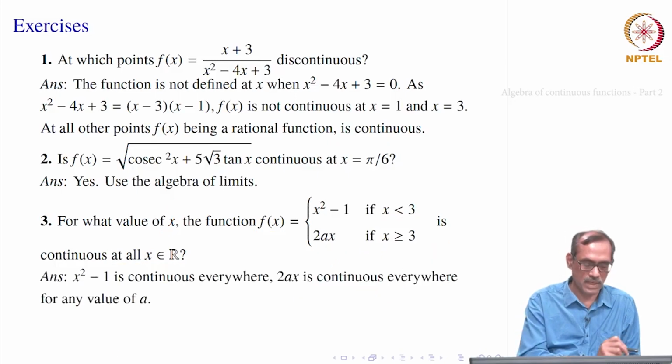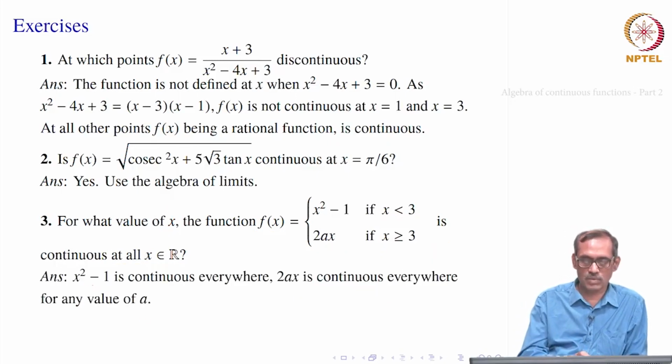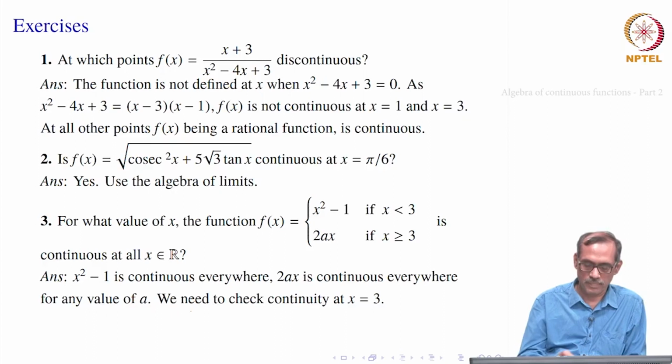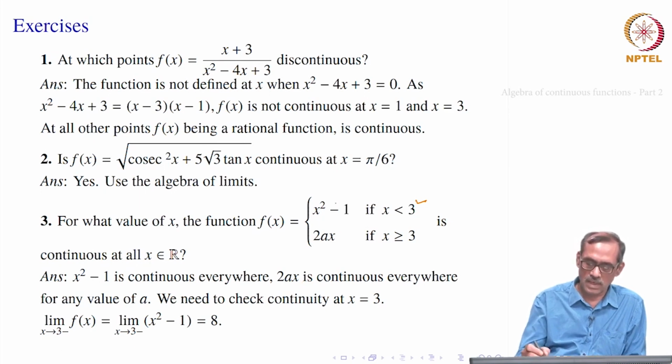Okay. So, let us find that. We see that x square minus 1 is continuous everywhere, and 2ax is continuous everywhere for any value of a. We need to check continuity at x equal to 3. Now, when you take x goes to 3 minus, that is the crucial thing. When x goes to 3 minus, the first condition will be used.